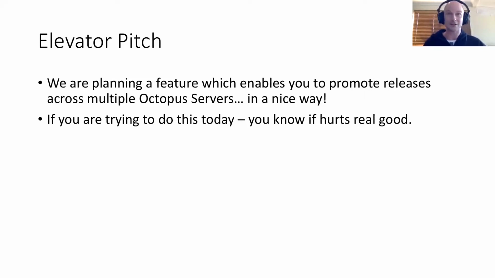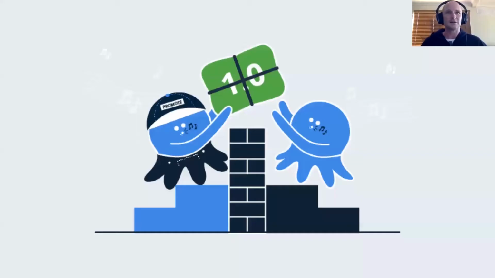You can do it using replication of packages and then scripting your deployments and making sure that the projects are scripted, but then you've also got problems. Another way is using offline drops, which is okay if you're happy with them, but again, you've got some problems there. I won't go into those in much detail because we'll talk about that briefly in the RFC that we're writing at the moment about remote release promotions.